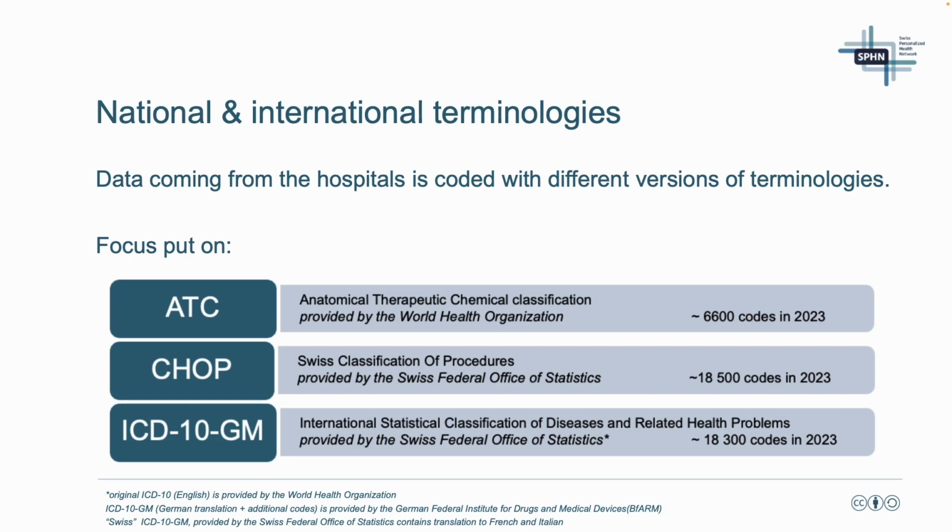And this ICD-10-GM has been taken by the Swiss Federal Office of Statistics to make the translation to French and Italian, which led to this ICD-10-GM we are using in Switzerland. And this is the one that is used also in SPHN.